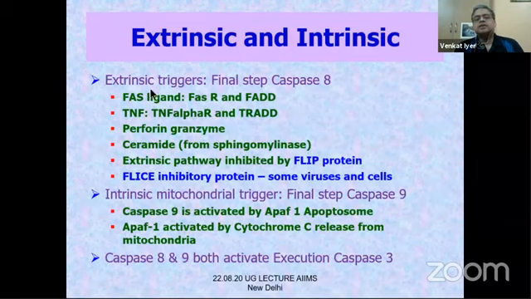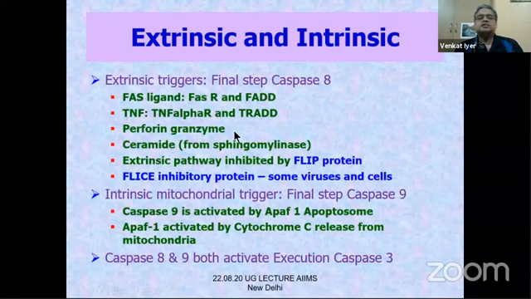Extrinsic triggers cause the final step, caspase 8 activation. This can be initiated by Fas ligand binding to Fas receptor and Fas associated death domain activation. It can be TNF alpha binding to TNF alpha receptor and the TNF receptor associated death domain activation. It can be by perforin granzyme.